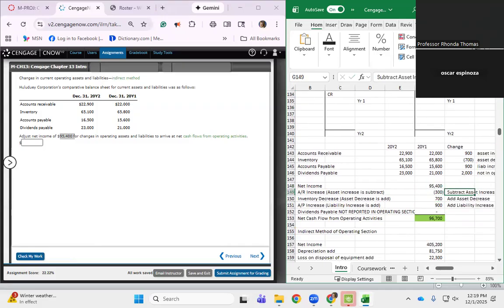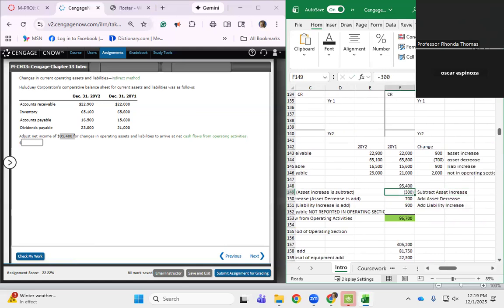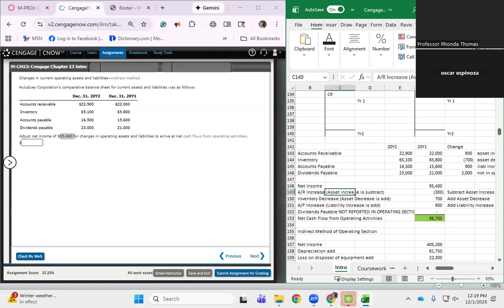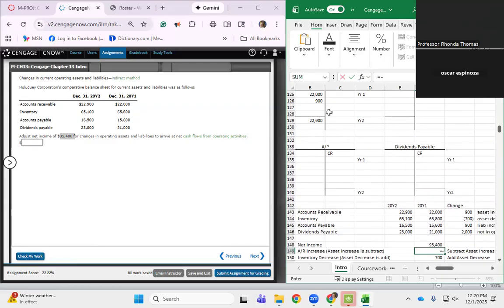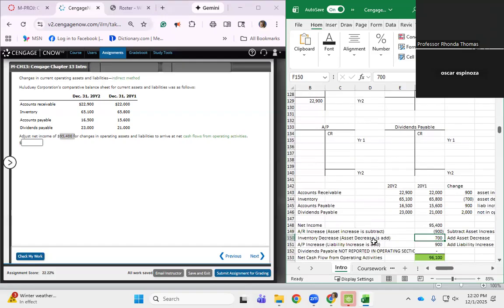It's an asset that went up. So we want to subtract the increase. Okay, so here's what I'm going to do. I'm going to put equals and I'm going to put negative, and I'm going to go up here and get this amount, and we're going to subtract that asset increase.